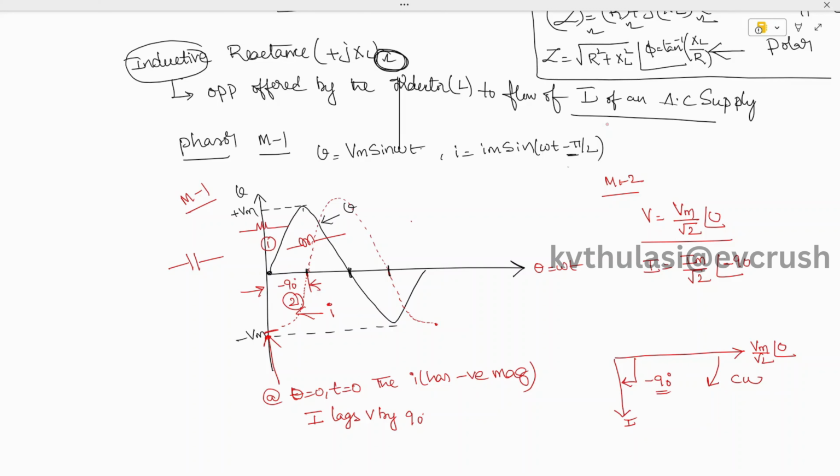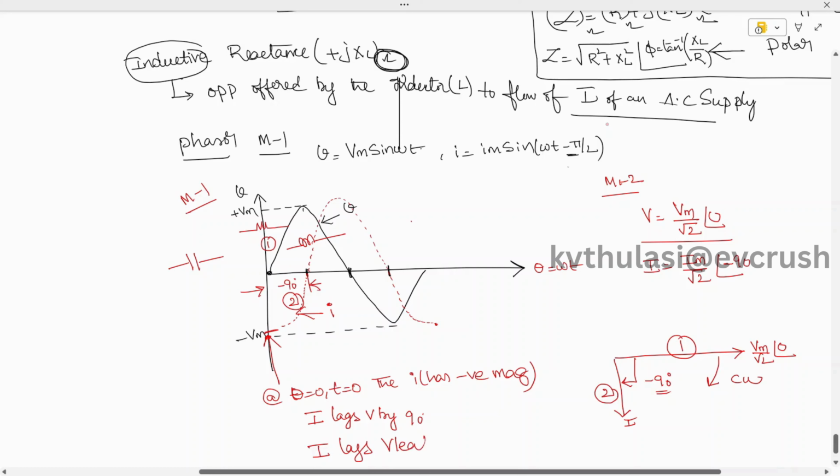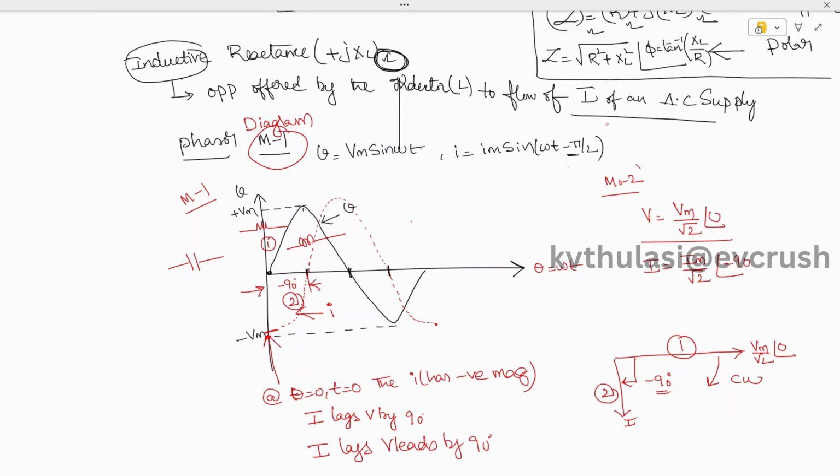So what is first and what is second? Voltage is first. What is second? Current. Therefore I can say that current lags voltage by 90 degrees. This is how to draw the phasor diagram. These are called the methods of drawing a phasor diagram, method 1 as well as method 2.